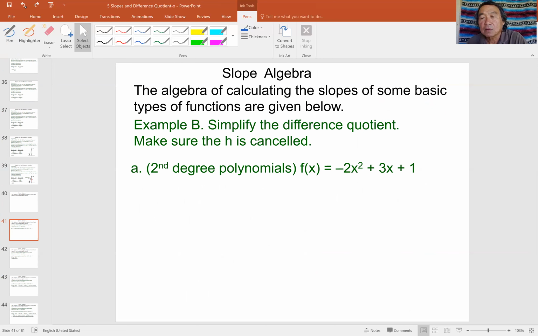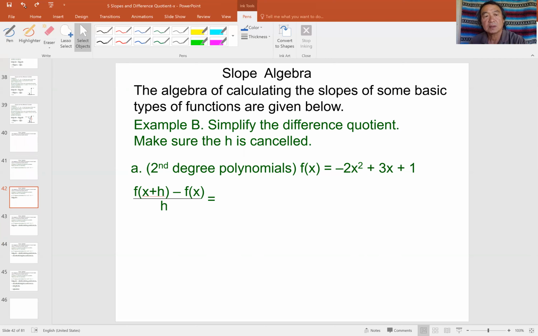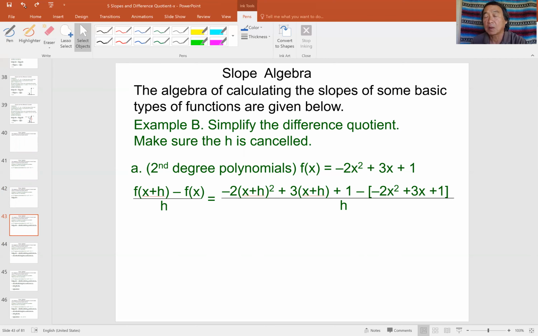Simplify the difference quotient for this formula f of x. So what we have to do is simplify these expressions. This is called the difference quotient formula. I'm going to plug in x plus h into f of x and subtract f of x. So this is what it comes out to be. Remember what we talked about, f of x plus h, in the beginning?